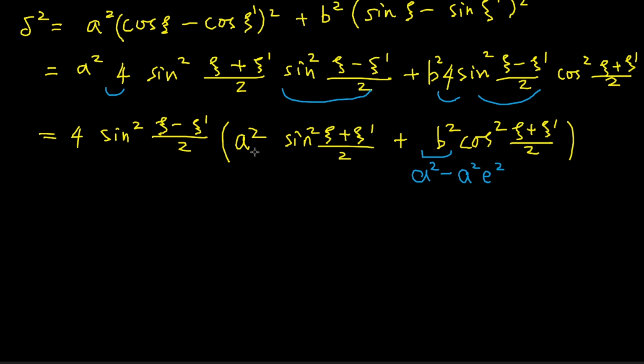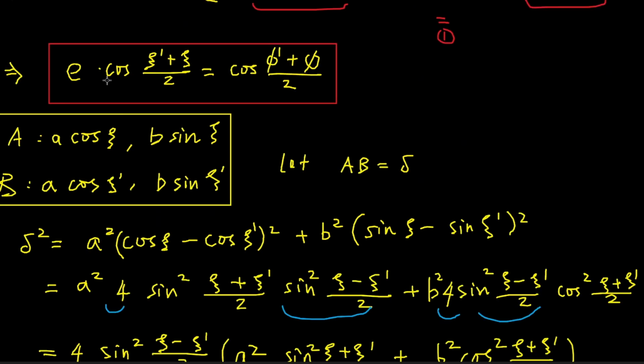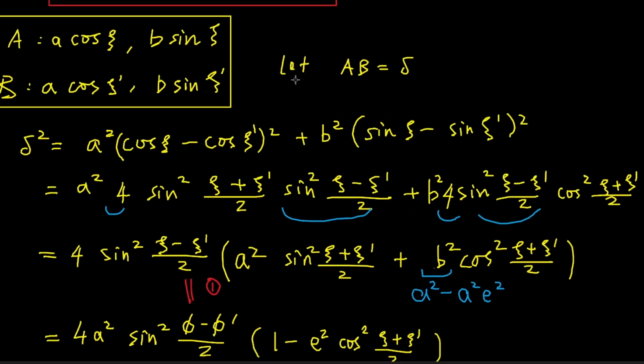So inside the bracket, a squared times sine squared plus a squared times cosine squared gives us just a squared. And also by condition 1, xi minus xi prime is just phi minus phi prime. Recall that earlier we have e times the cosine of xi prime plus xi divided by 2 equals the cosine of phi prime plus phi divided by 2.